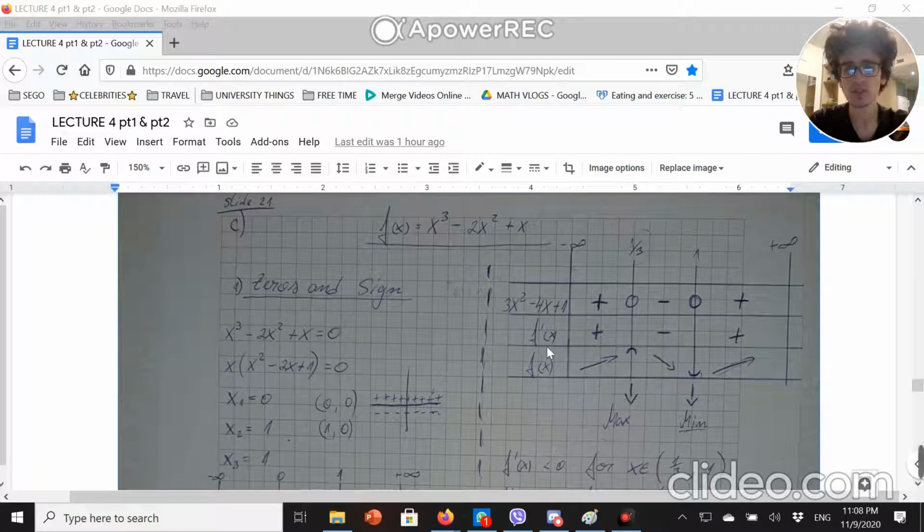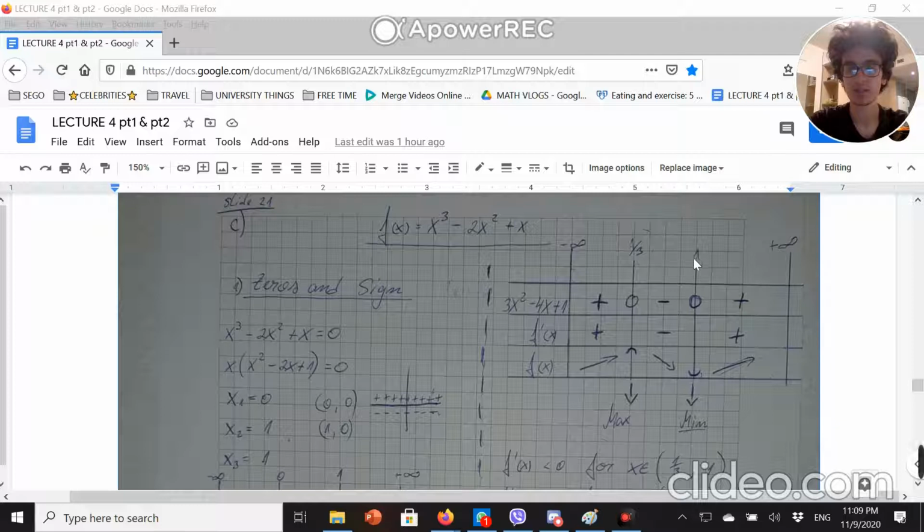So what will this tell us for our function f prime of x? It would tell us that between negative infinity and 1 over 3 it's positive, which means that it's increasing.